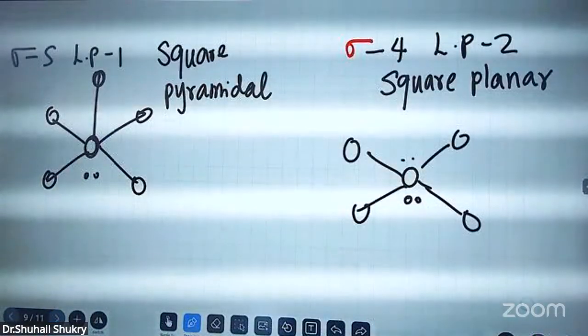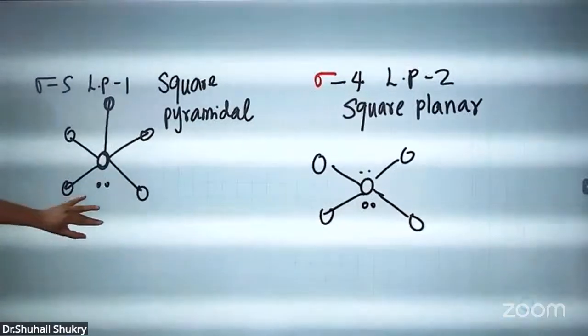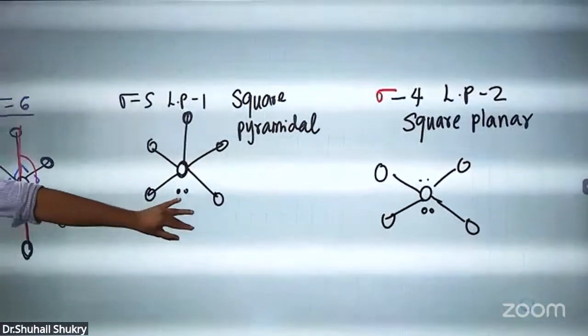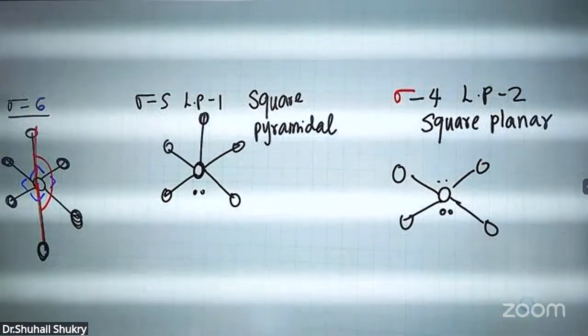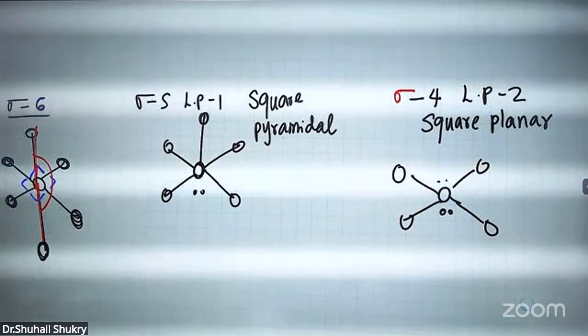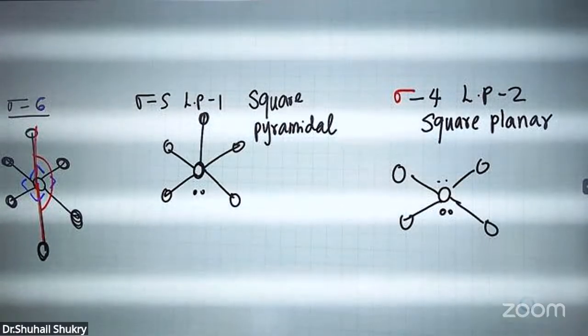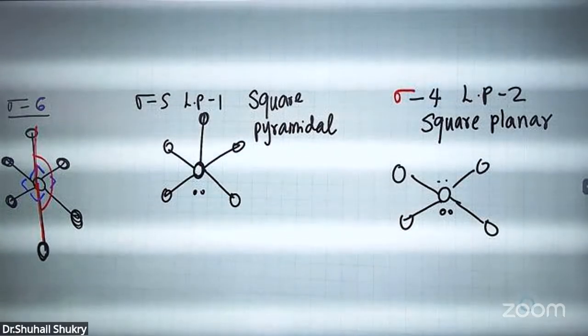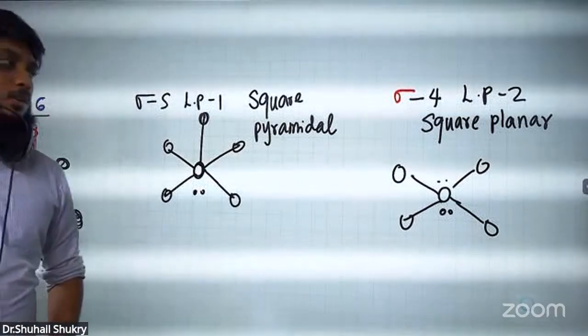This. These all came from octahedral. From octahedral, you got square pyramidal, you got square planar.